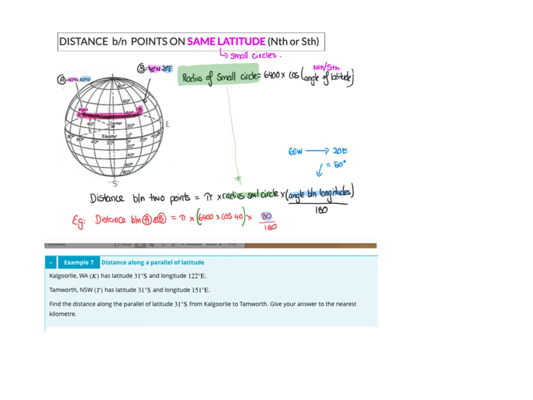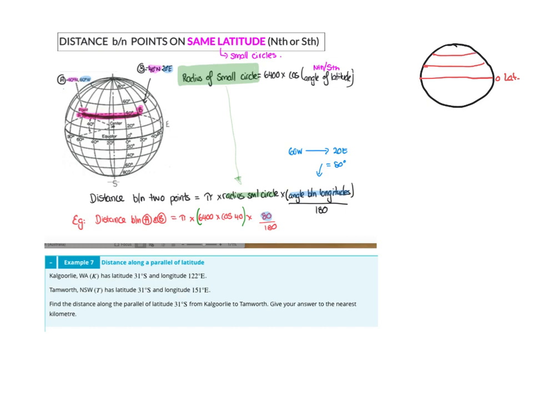Now it gets a little bit different. Now we're going to talk about finding points on the same latitudes. So just remember, when we had our world, the equator was the 0 latitude. But remember, when we went up, these circles became smaller.